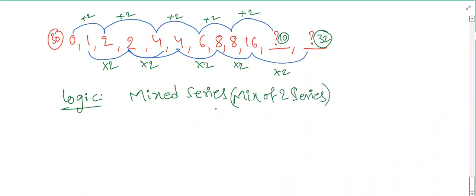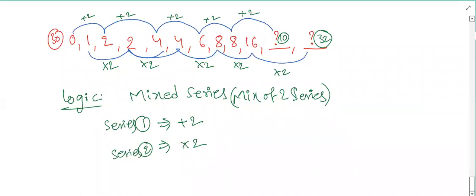And when we mix two or more individual series, the logic may be the same or they can have different logics also. Logic for one series is plus 2, and the logic for another series is multiply by 2. Series 1 is plus 2, series 2 is into 2.